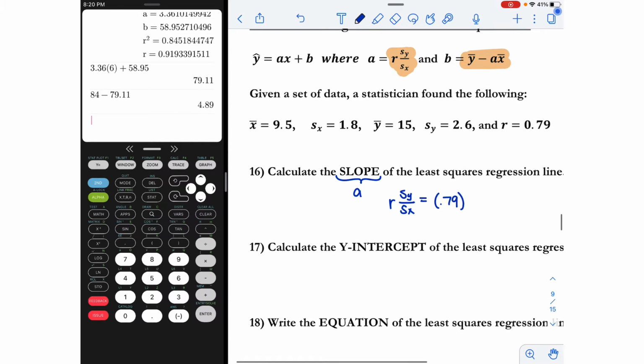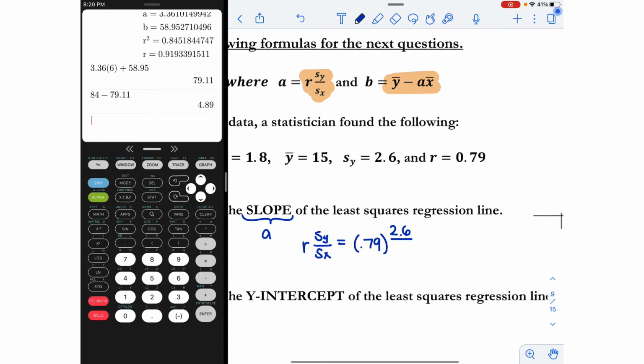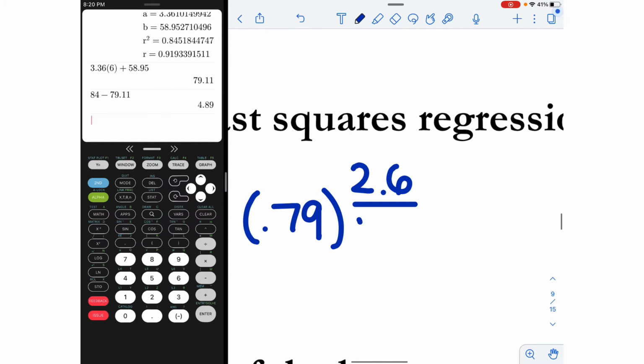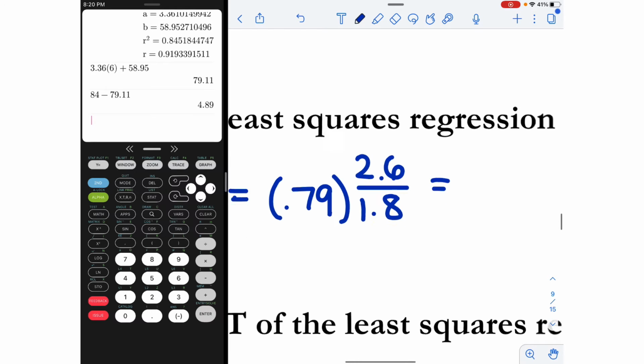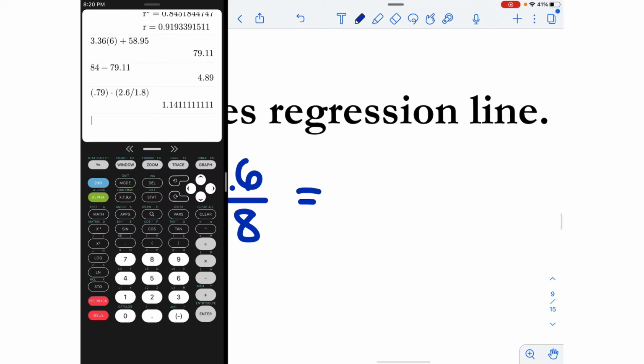SY is 2.6. SX, 1.8. Literally type this into your calculator exactly how you see it. Times, I would probably do parentheses, 2.6 over 1.8. And that is 1.14.